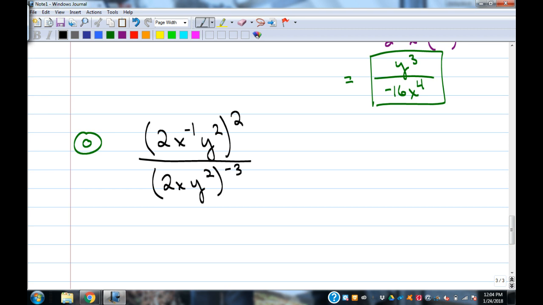So the top part is 2x to the negative 1 y squared. And then all of that's in parentheses squared. The bottom, we have a 2, an x, and a y squared. And all that is raised to the negative 3 power.